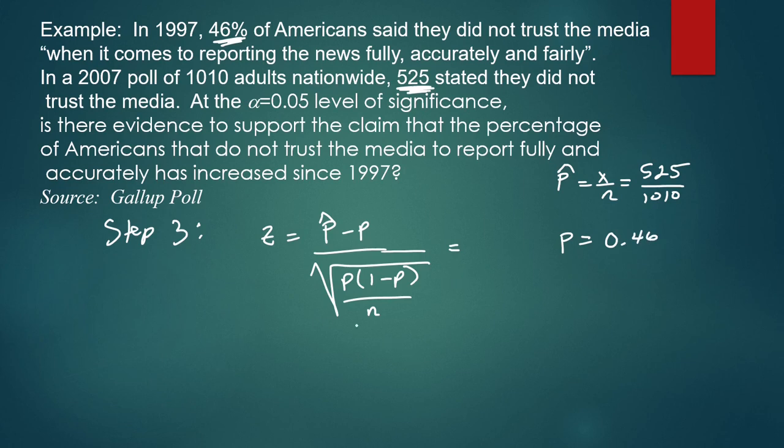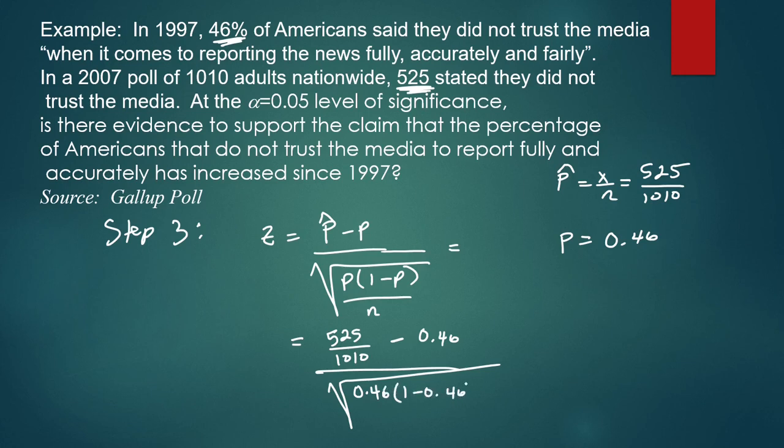Let's plug in the values into the formula. p hat is 525 over 1010 minus 0.46 divided by the square root of the population proportion, which is 0.46 times 1 minus 0.46, and we'll divide that by the sample size 1010. Again, make sure you put parentheses for the numerator, and then you can do the radical next.